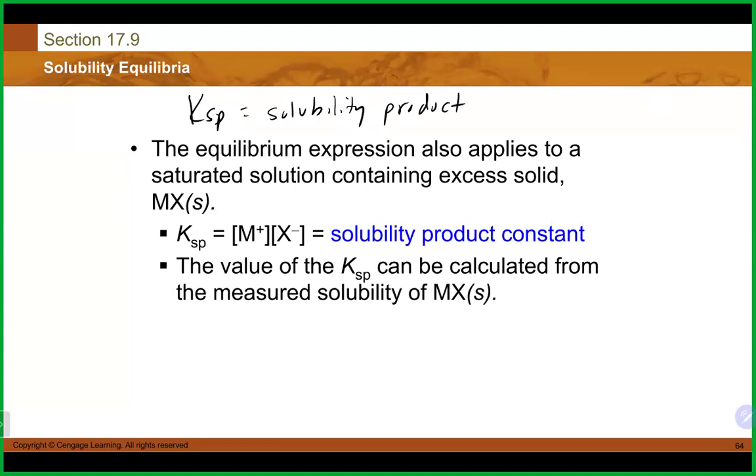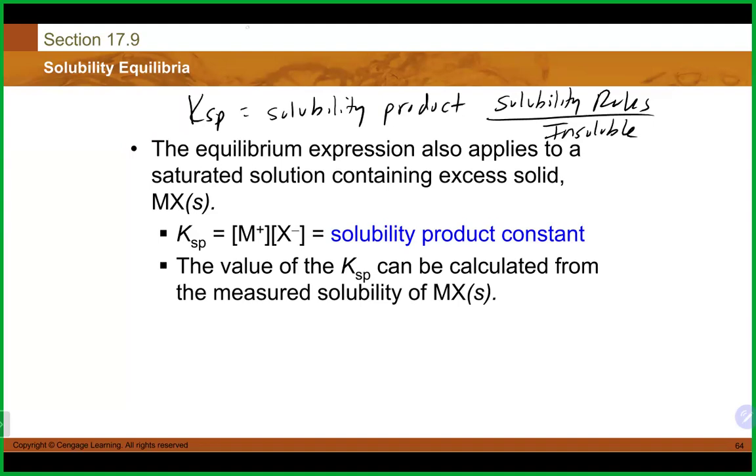It's actually a special type of equilibrium. It's an equilibrium for things that, if you remember your solubility rules, are insoluble. So even things based on solubility rules that are basically insoluble, they will actually break apart a little bit in solution and create an equilibrium.